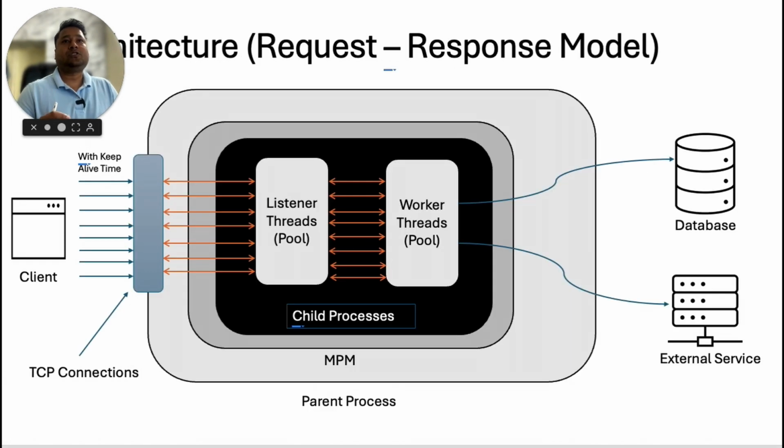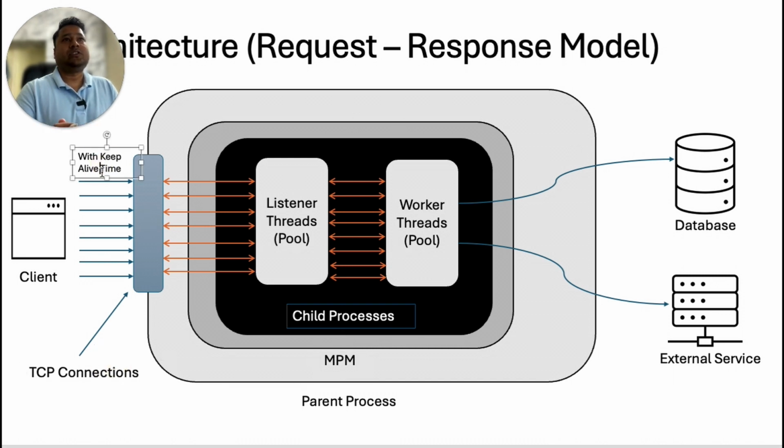We have separated listener threads and worker threads dedicated to different roles: listening, and doing the operations. All these threads are maintained by the child processes, which come under the control of your MPM. So this is basically the internal structure of MPM, and that's how your TCP works.